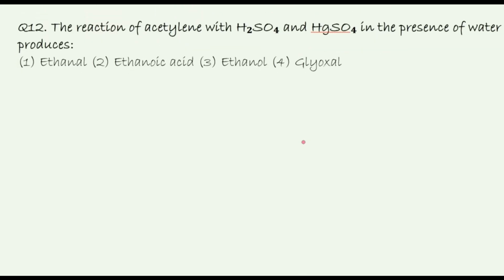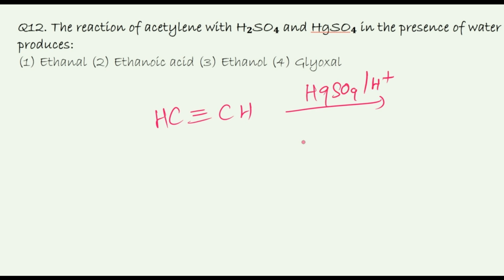The reaction of acetylene with H2SO4 and mercuric sulfate in the presence of water produces? What is this reaction? Oxymercuration, demercuration, isn't it? So acetylene with mercuric sulfate, H plus in the presence of water.